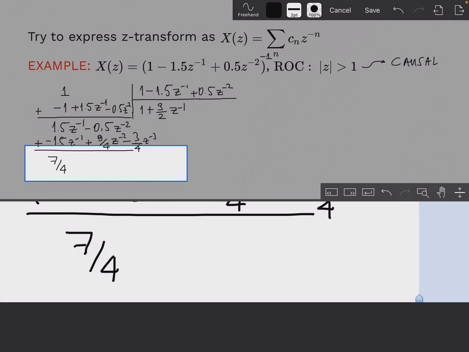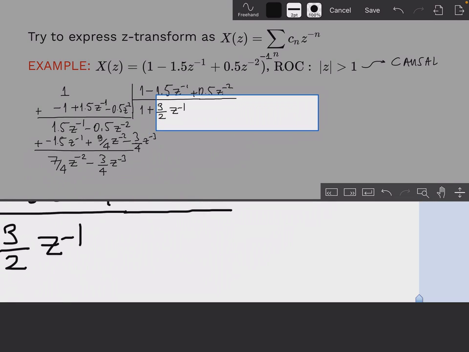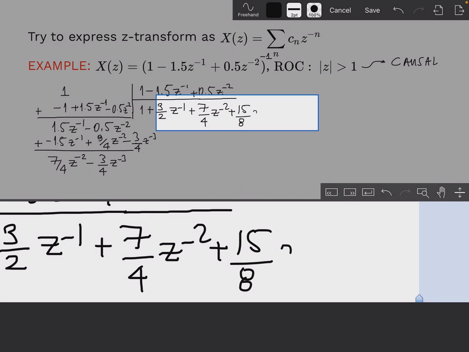There may be a little bit of a mistake in here, so please do let me know if there is any mistake so I can correct it later. So minus 2 minus 3 over 4 z to the power minus 3, etc. So we can eventually find this series as having these coefficients, plus 15 over 8. So this is just simple division really.